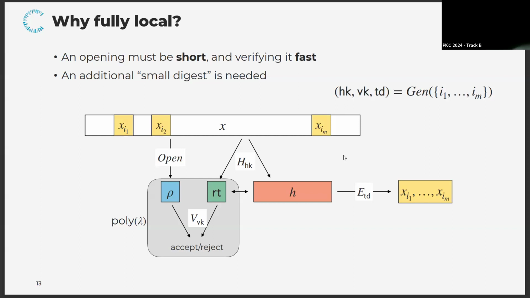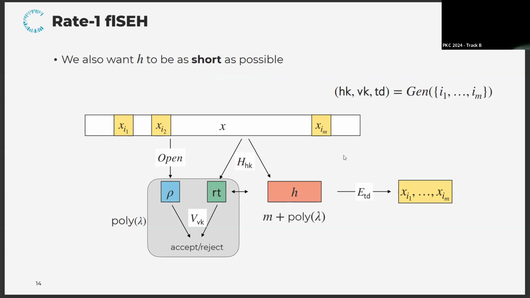All the components in this gray box are of poly(lambda) size and time. The only thing that we have to do is run an algorithm that verifies the consistency of this small digest and the hash h. And rate one just means that this hash is as short as possible, so of length m plus poly(lambda).